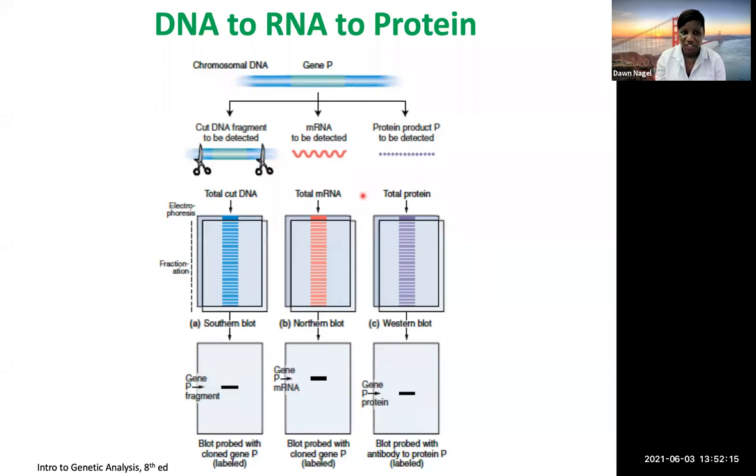And you can imagine that these three can be three small scale methods, right? Because you're doing a Southern blot for looking at just DNA, or just a piece of DNA or a single gene. You're doing a Northern blot to look at a particular gene as well. And you're doing Western blot, you're looking at a particular protein. Large scale method, you sequence the whole genome.